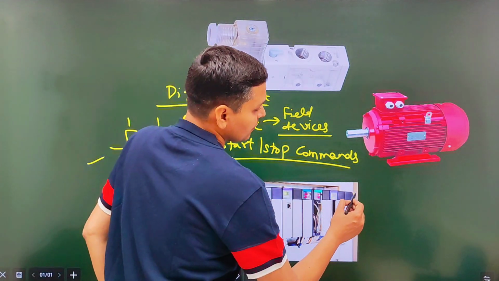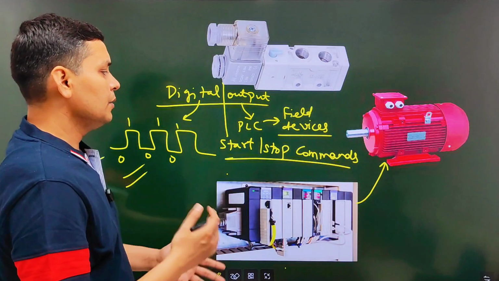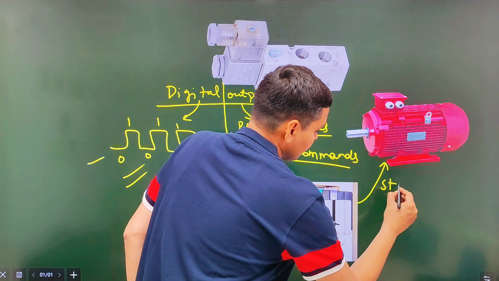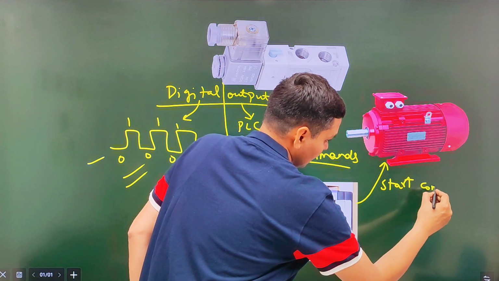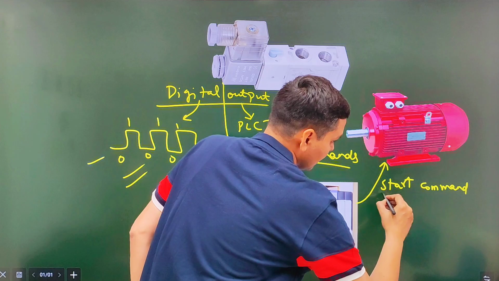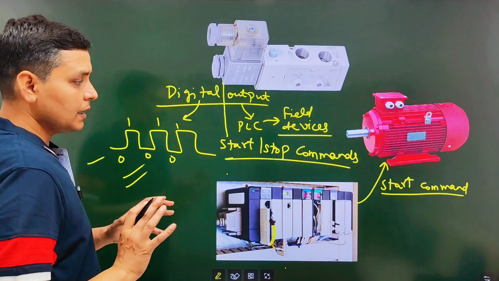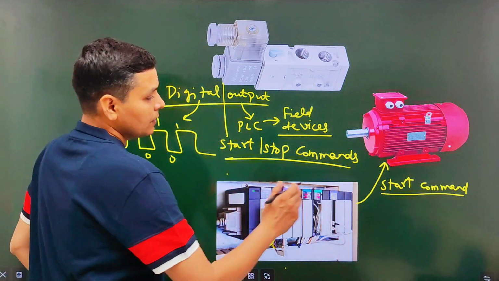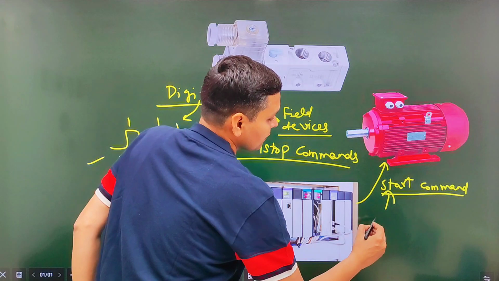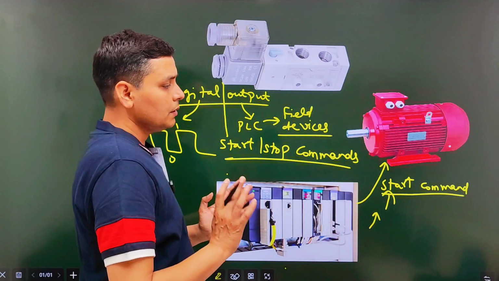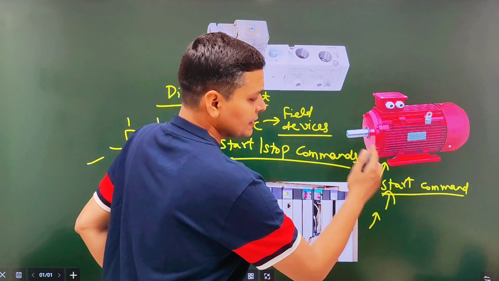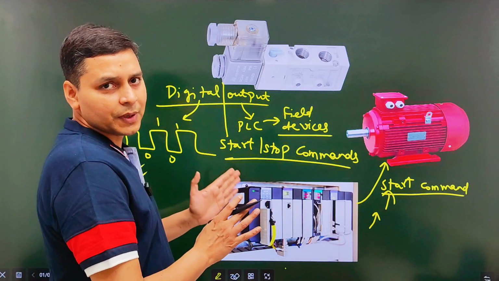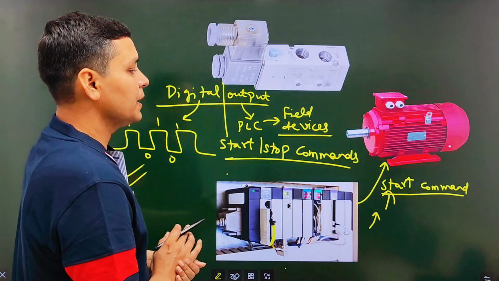Suppose we are controlling a motor from PLC and we are giving a start command. So on SCADA, you will click on start, then the motor will start, or you will push a button and the motor will start. So this type of command will be a digital output command.